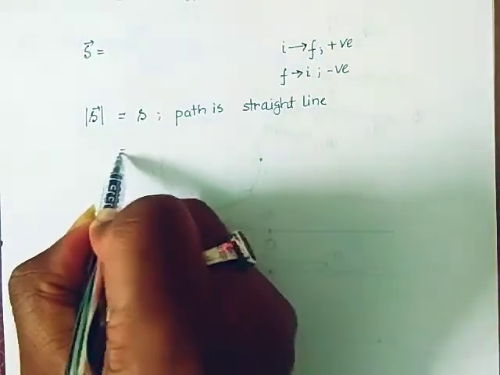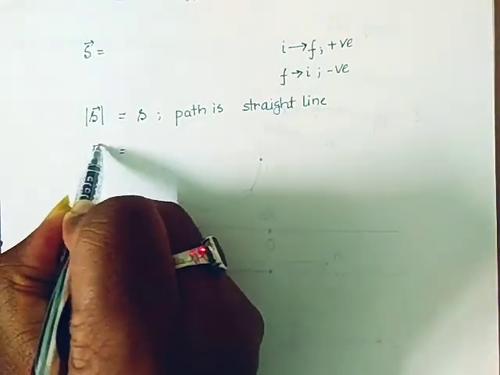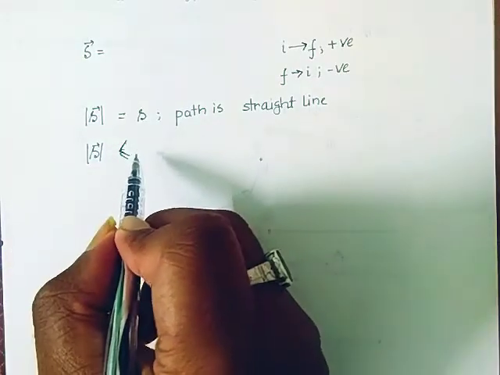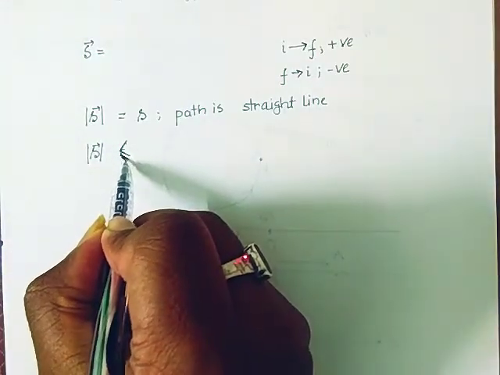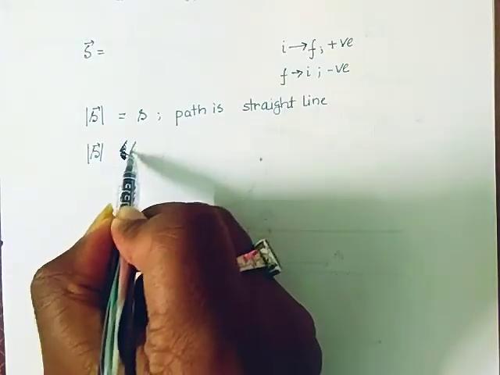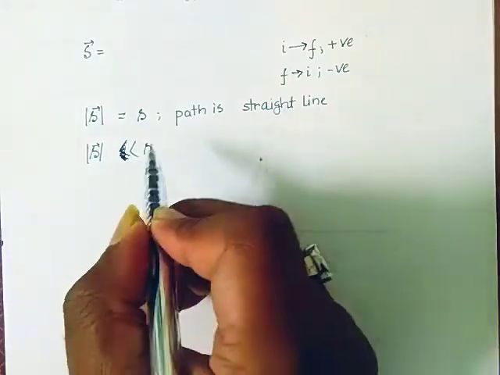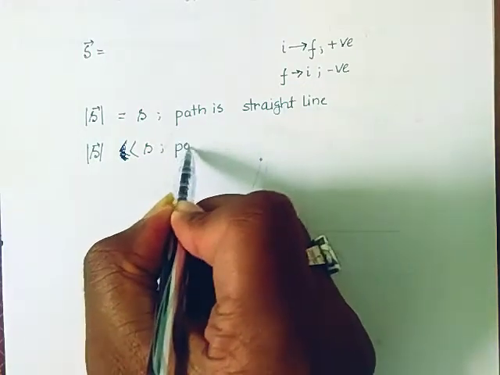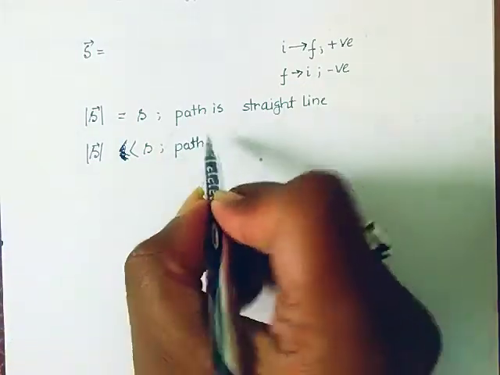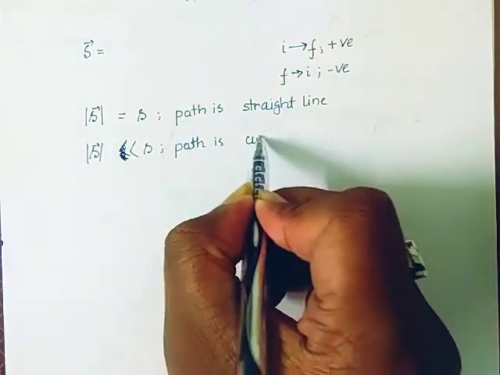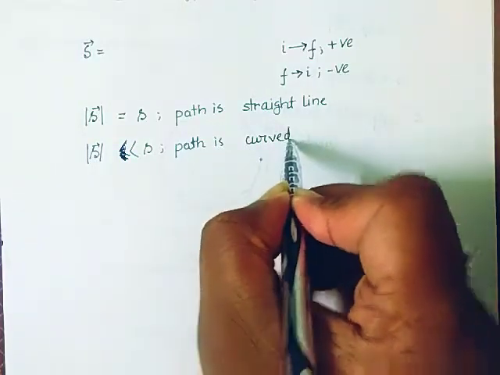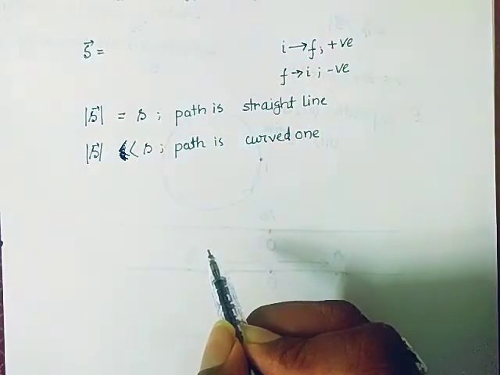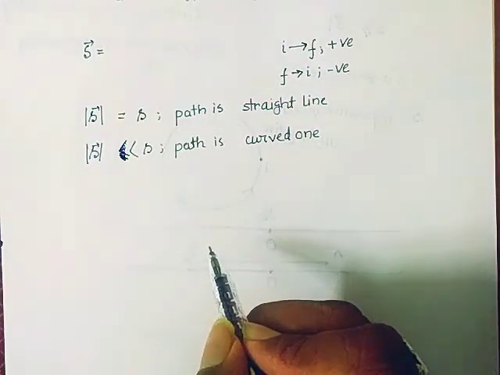If the path is a curved one, then the magnitude of displacement becomes less than the distance. That is, the distance is always greater than the displacement if the path is curved, because the straight line shows the minimum distance between the 2 points.